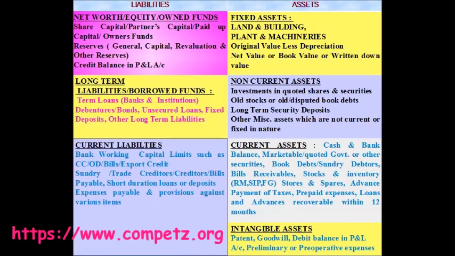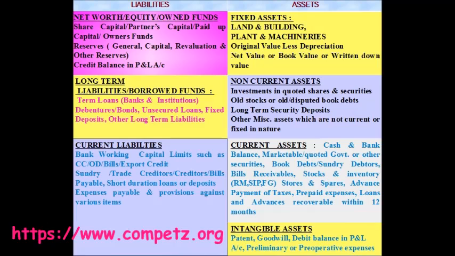Then come your current assets: cash and bank balance, marketable or government securities, book debts, sundry debtors, bills receivable, stocks and inventories. In inventory come raw materials, stock in progress, finished goods, stores and spares, advance payment of taxes, prepaid expenses, and loans and advances recoverable within 12 months.